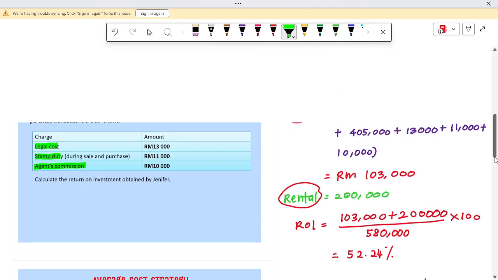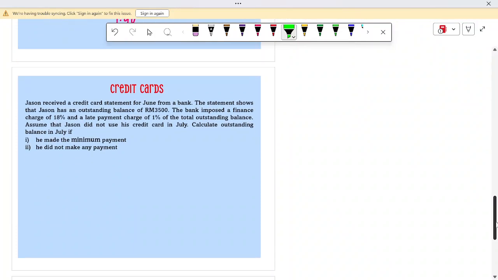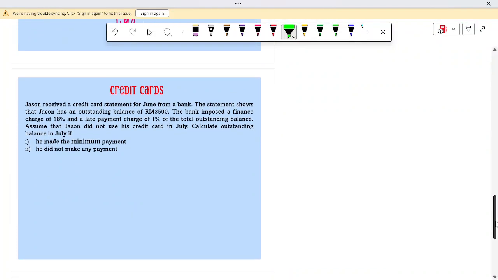Next one you need to know is credit cards. Okay, so let's see for credit card. For credit card, there are certain things that you need to know. You need to know there is minimum payment. There is finance charge.